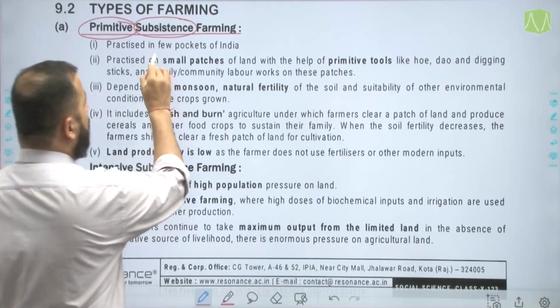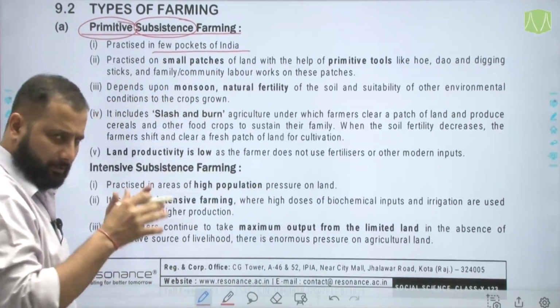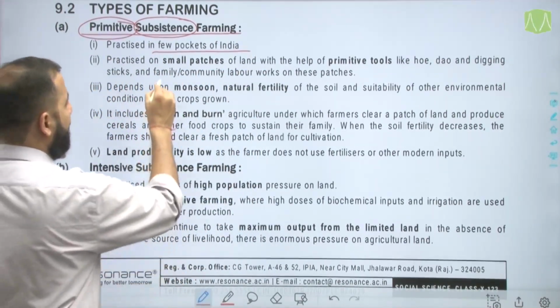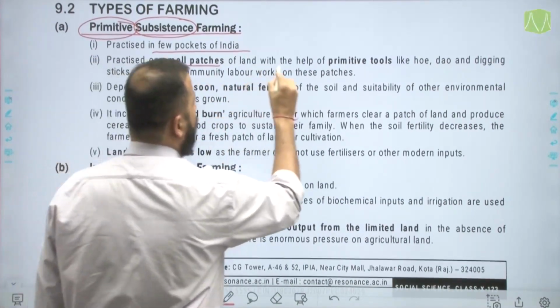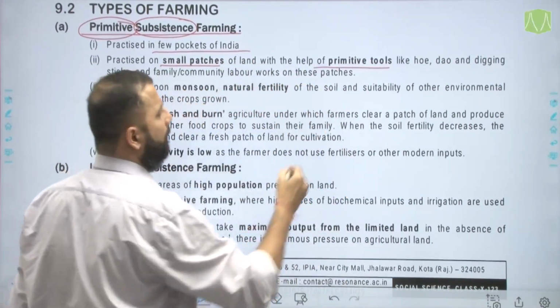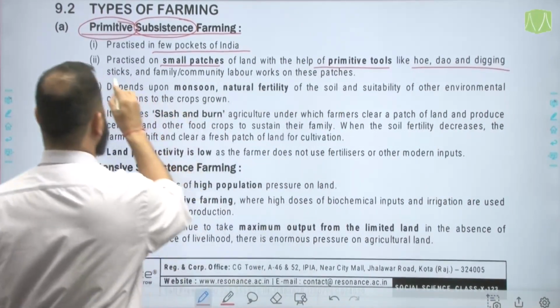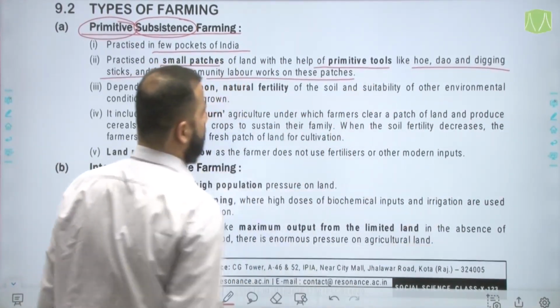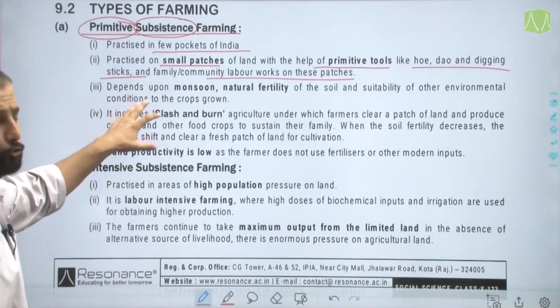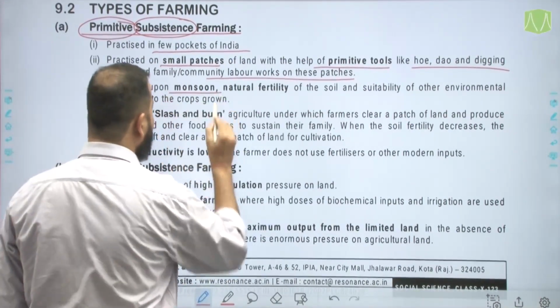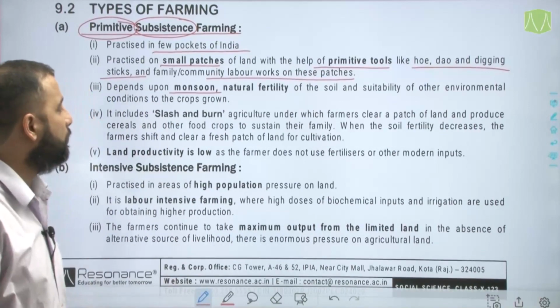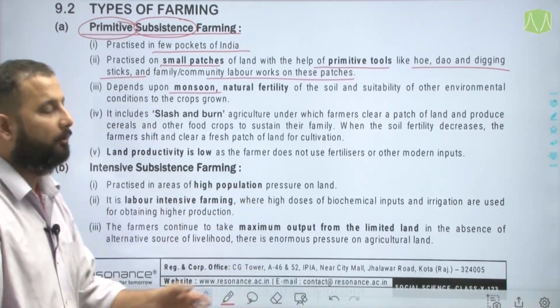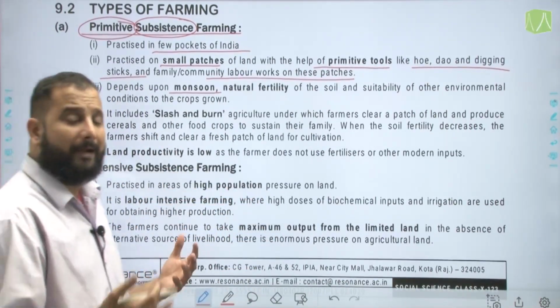It is practiced in a few pockets of India, not on a large scale. It is practiced on small patches of land with the help of primitive tools like hoe, dao and digging sticks, and family or community labor which works on these patches. It depends upon the monsoon, because they do not have money for providing irrigation facilities to their land, and probably the land is also not their own.